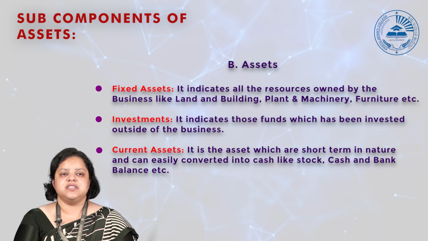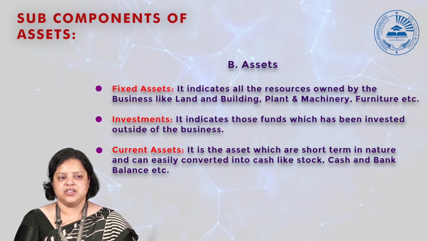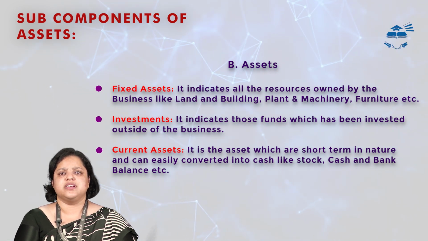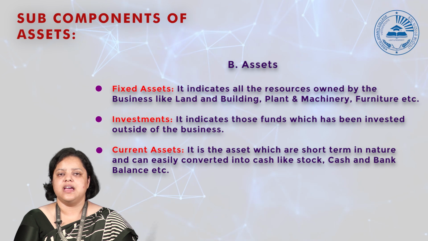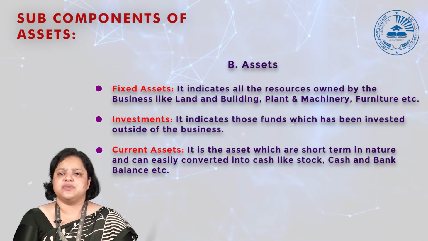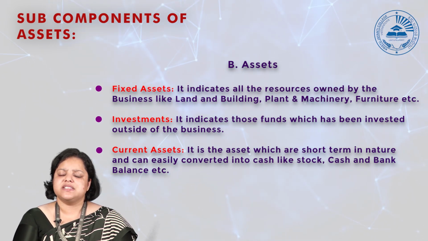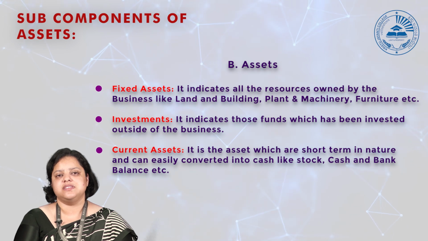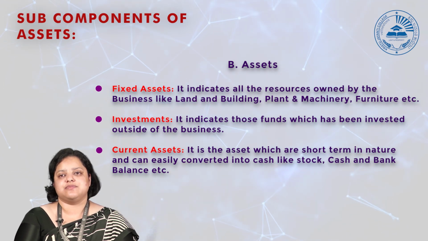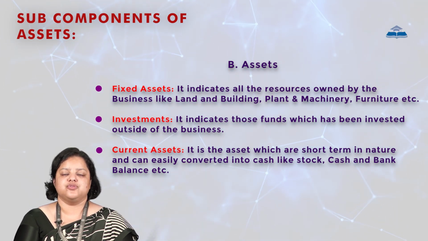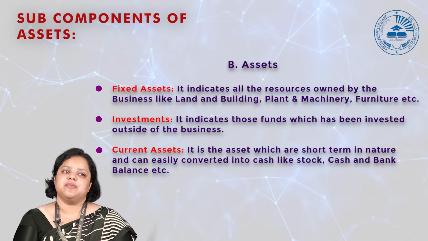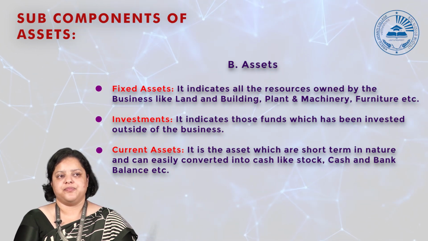Current asset means it is short term in nature and we can easily convert it into cash, like closing stock, cash and bank balance, any prepaid expenses. Prepaid expenses means you are paying any expenses before the due date. So all these items come under current assets.